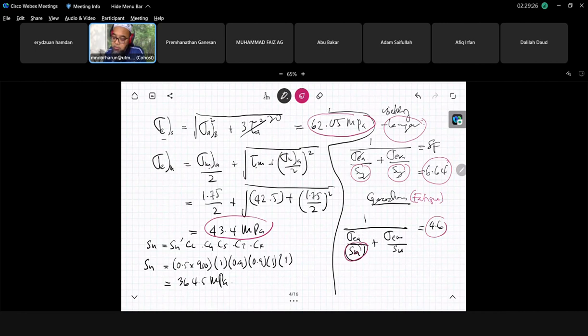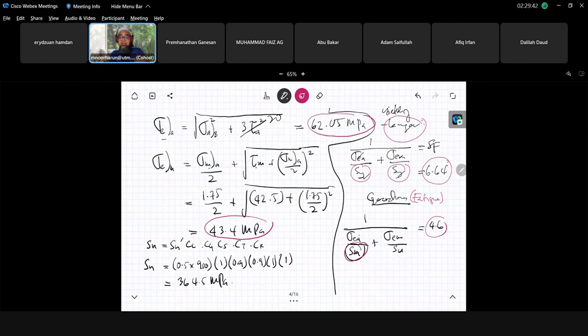We have this value because it is just one value, there is no combination. There is no torsion and no other bendings.